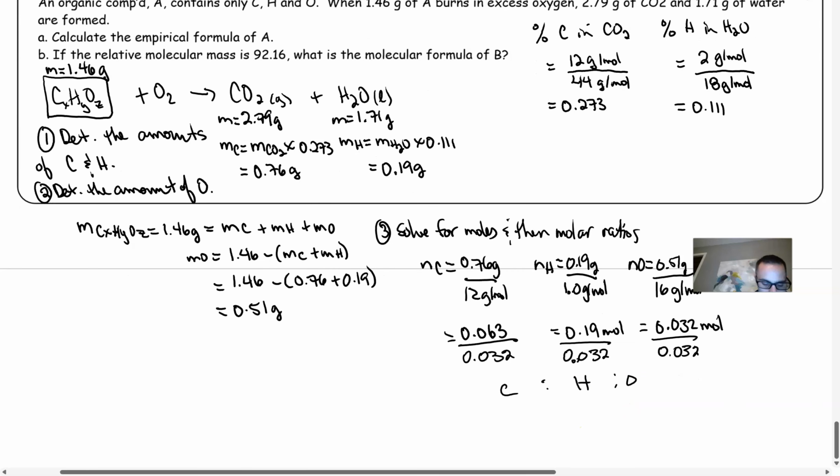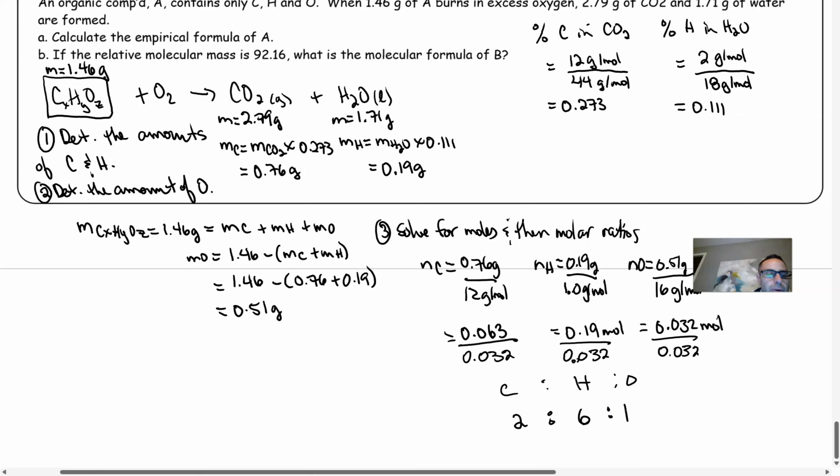And so 0.063 divided by 0.032, that's going to be pretty close to 2. Yeah, 1.968, so we're going to make that a 2. And then 0.19 divided by 0.032. See what we get there, 5.9, so that's going to be a 6. And of course, this is a 1.